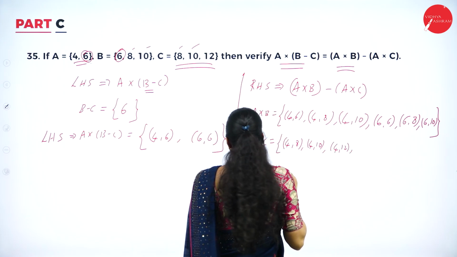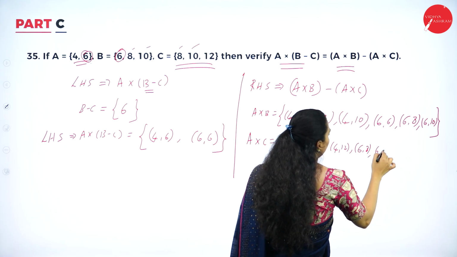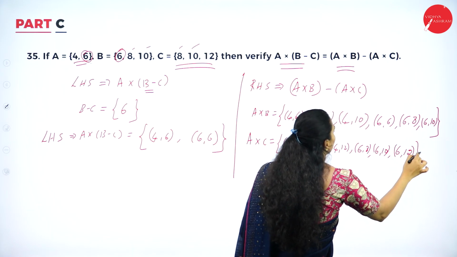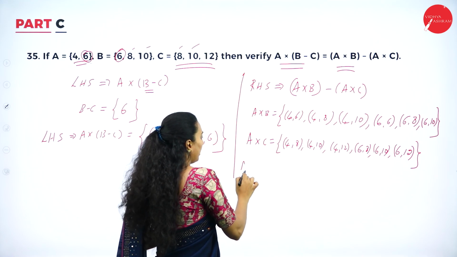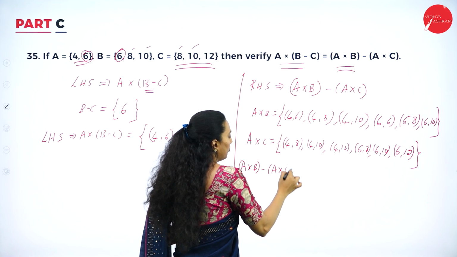Similarly, along with 6, (6, 8), (6, 10), (6, 12). Now this is what your A cross C. Now A cross B minus A cross C. What is that?